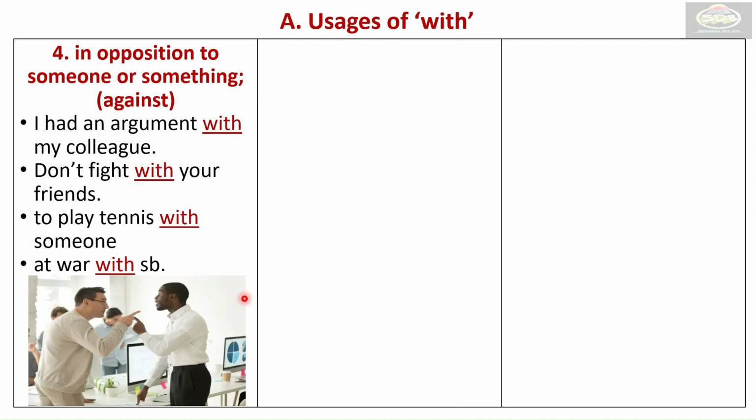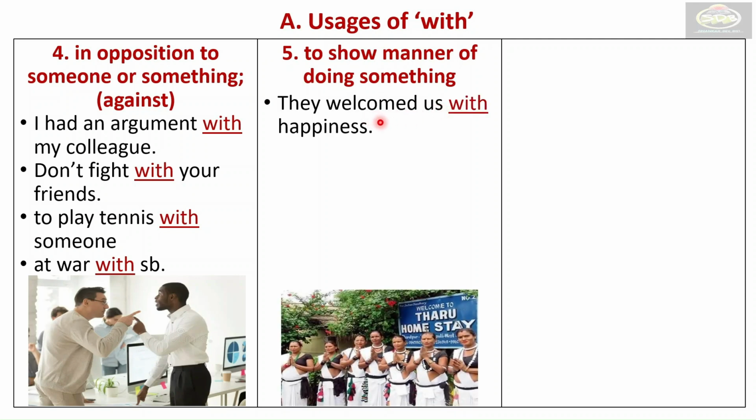Next one is manner of doing something. To show manner of doing something, how is something done? Example, they welcomed us with happiness. How did they welcome us? With happiness.